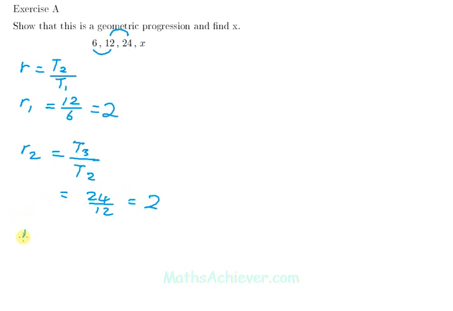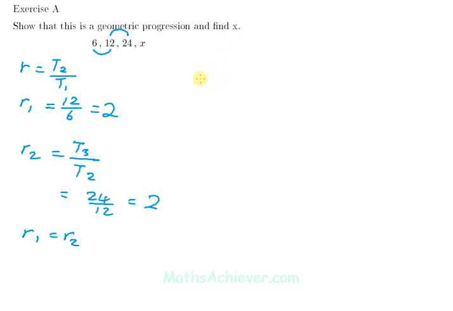So from here we know that R1 is equal to R2, and therefore we can say that this is indeed a geometric progression. The second part of the question says find x.